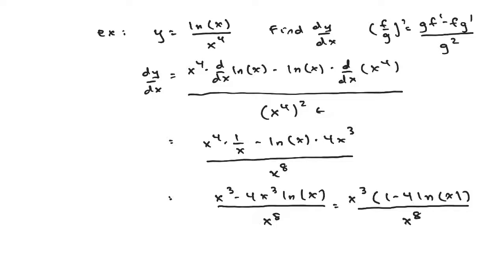And if I have 3 of these x's multiplying themselves in the numerator and I have 8 of them in the denominator, then that basically means that this x cubed cancels 3 of the x's down here and gives me an x to the fifth. And so this is going to be 1 minus 4 times the natural log of x divided by x to the fifth. Okay, so these are a bunch of different ways to apply this fundamental rule that d/dx of natural log of x is equal to 1 over x for x greater than 0.